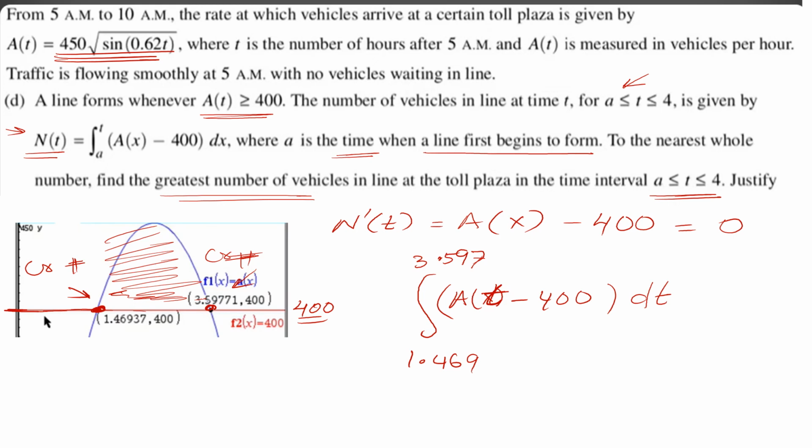If you integrate, you will get 741.254. But since they are asking you to write the whole number, you will have 71 vehicles. You will get 71 vehicles in a line at the toll plaza.